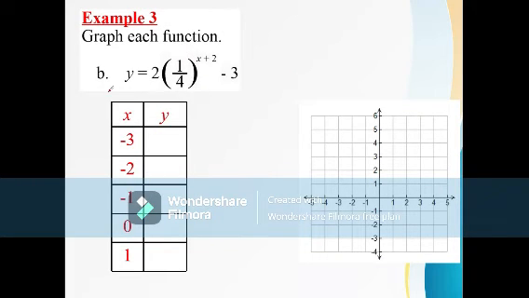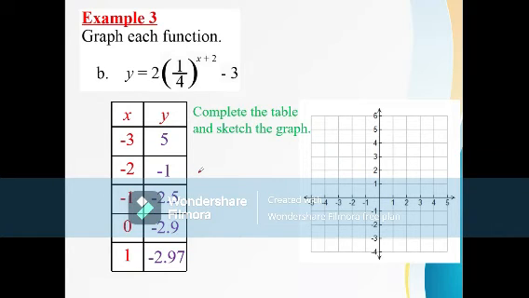Graph each function. For letter B, y is equal to 2 times the quantity of 1/4 raised to the power of x plus 2, minus 3. So the same process, we have to complete the table of values. Let's start. If x is negative 3, what is the value of y? So complete the table and sketch the graph.